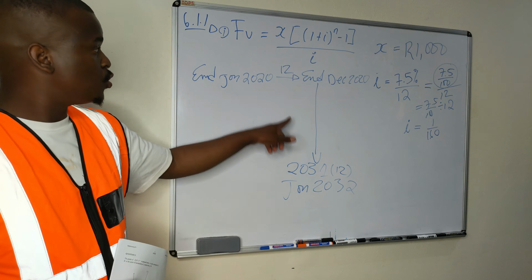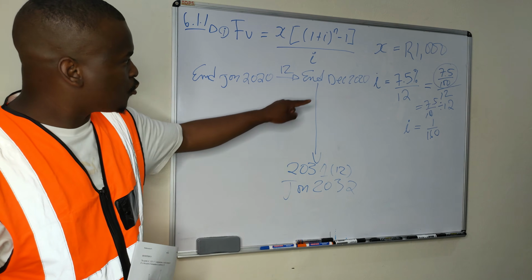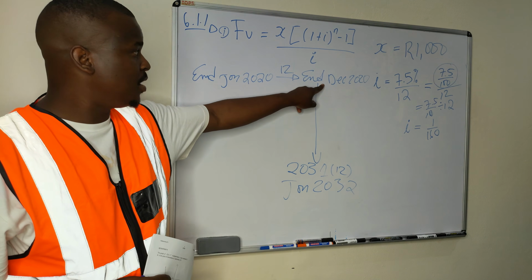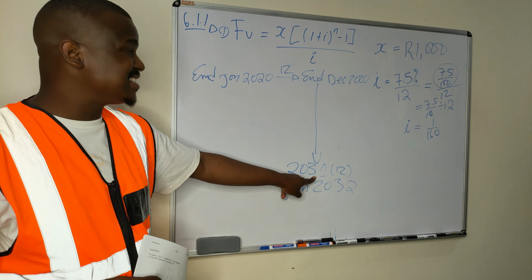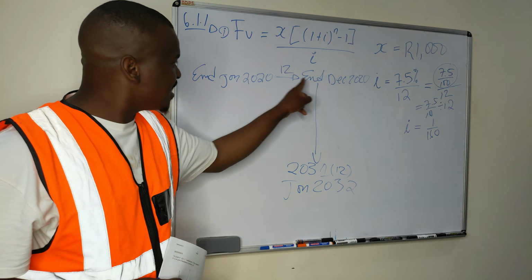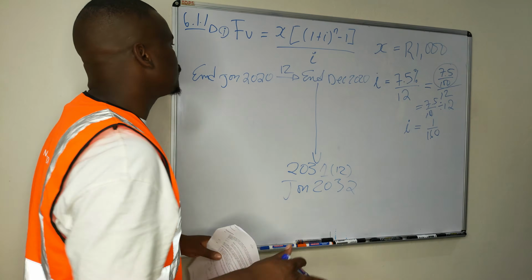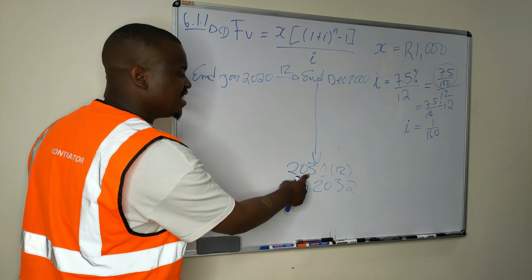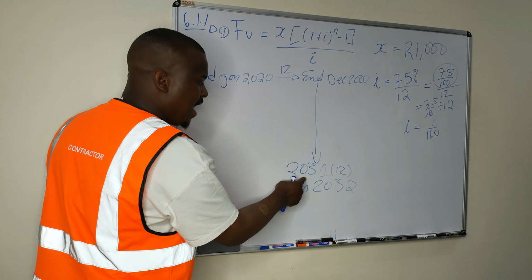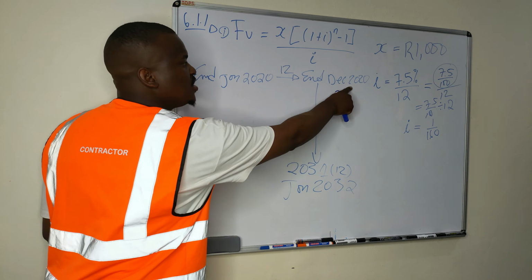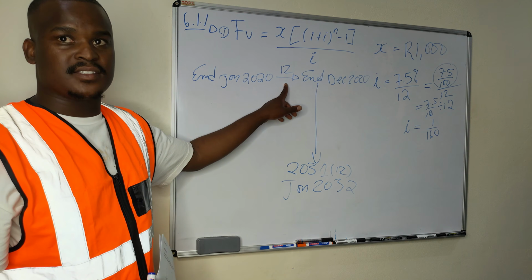How many years are those? From the end of December 2020 to the end of 2031, that's 11 years, plus that year, that's 12 years, right? I'm not sure if that makes sense. So from the end of January 2020 to the end of 2031, that is 12 years.